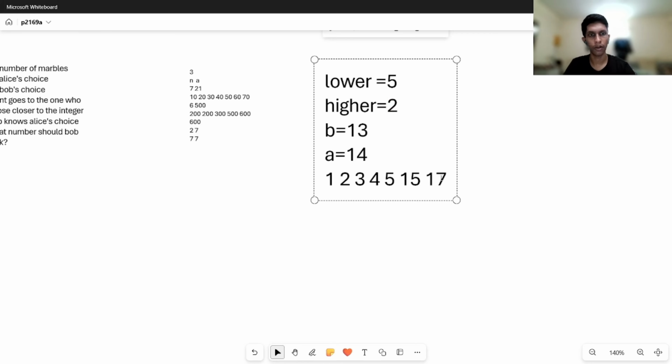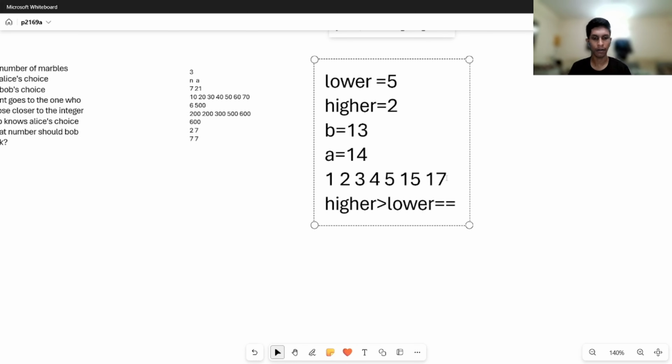So what we can observe from this, let's say if in some test case the higher count is greater than lower count, then our choice will be one more than Alice's choice.